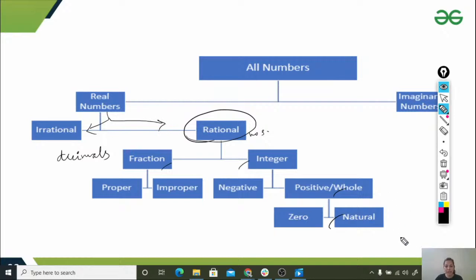And I started this flow chart from the downward part, because if I had started from the rational number and then explained the fraction, integers and so on, some doubts would remain, because we would be starting from the upper part and then going to the basics. So it's better that I first explained all the numbers one by one from the bottom part, then it's very easy to understand rational numbers, because rational number is made by combining all these types of numbers. So let's start with our rational numbers today.